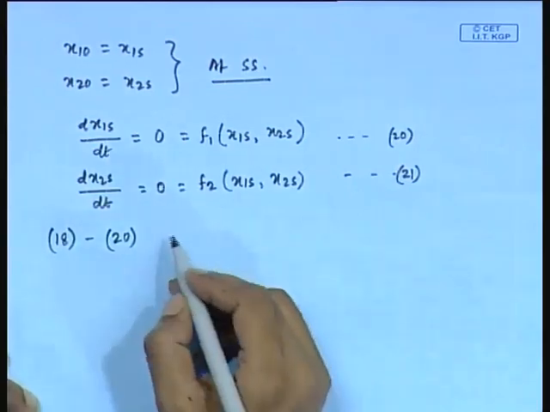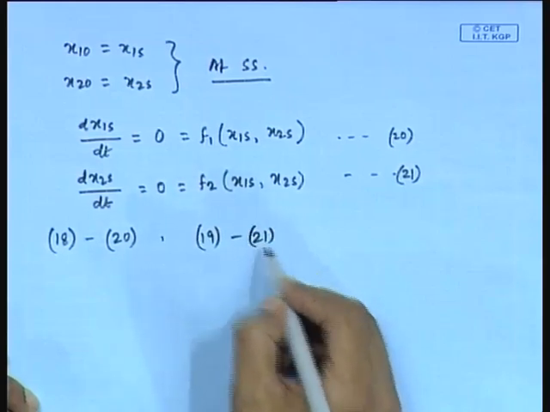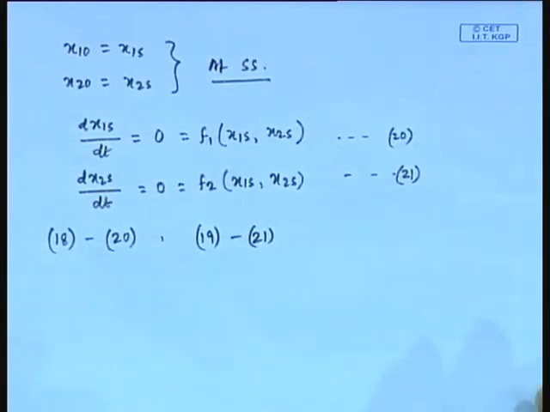Similarly, we have to subtract equation 21 from 19. Basically, we are subtracting the steady state modeling equations from the linearized modeling equations.